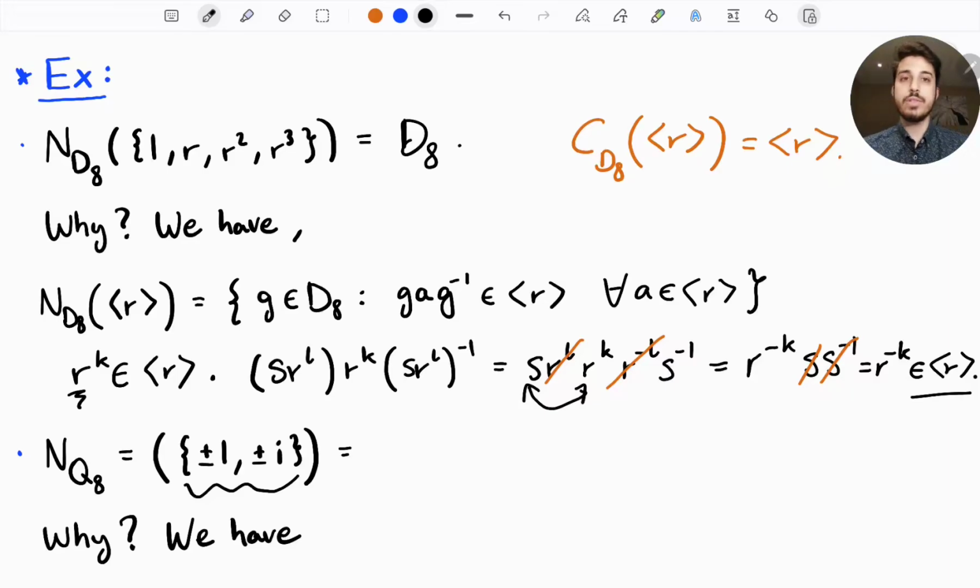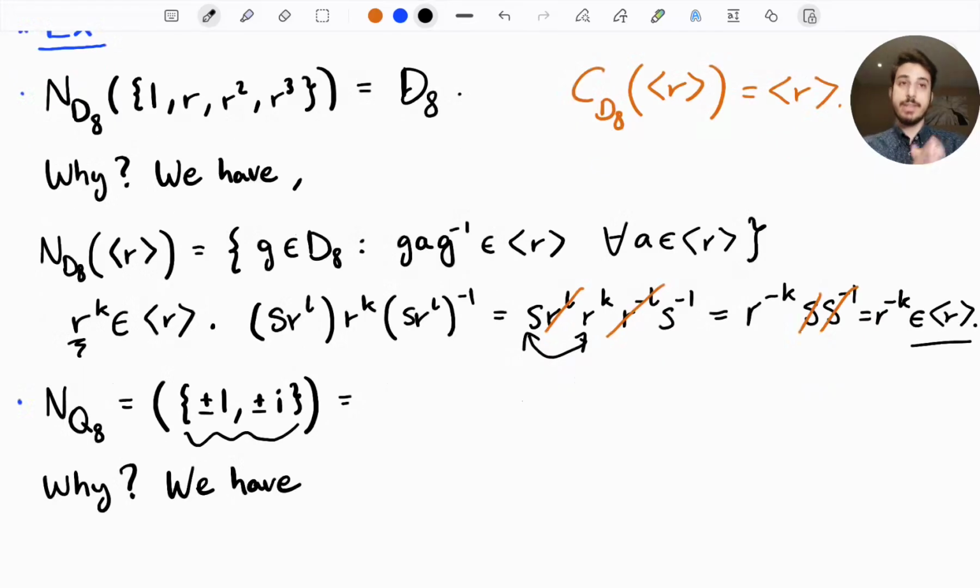So that is sufficient for us to say that S R to the l for any l from 0 to n minus 1 is an element in the normalizer of the subgroup, which says essentially that the normalizer is everything. It's D8. So this was an example of the normalizer of the subgroup generated by R in D8.